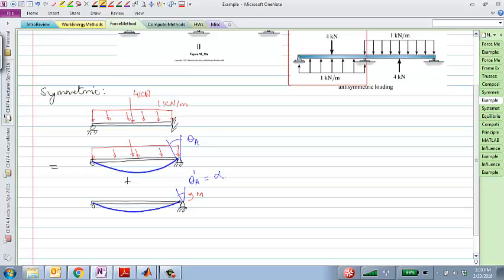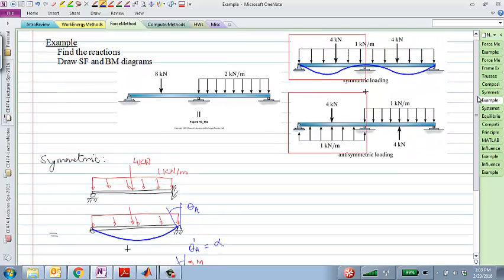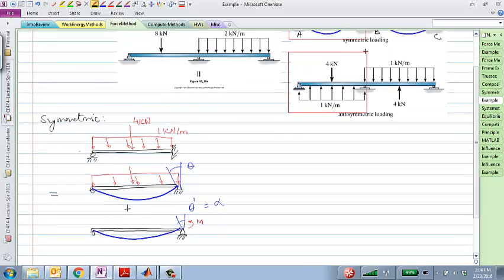The flexibility symbol that we were using was alpha, and looks like I might need to rename this point A. Let me call this A, B, and C, and this is A and B, so this is theta B and theta B prime, which is alpha BB times the unknown moment at that point.